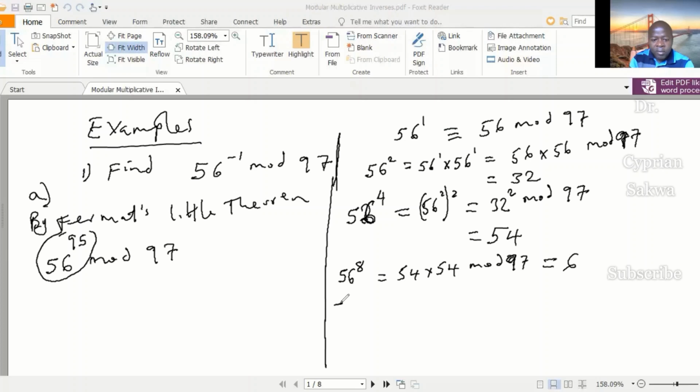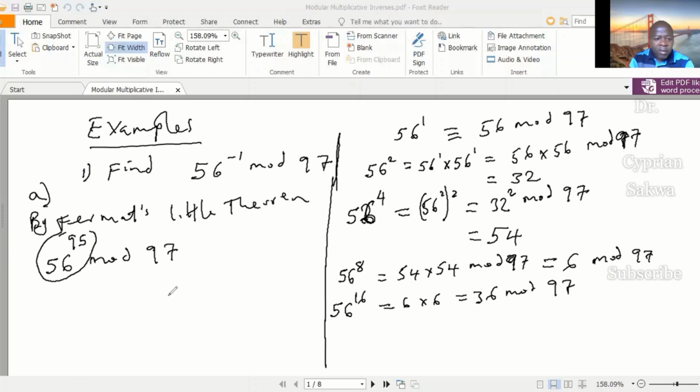What about the square of 56 raised to 8? The square is 56 raised to 16, which is 6 times 6 mod 97, and this is just 36. It's understood that we are already working with mod 97, so that's why in some cases I'm not writing it.